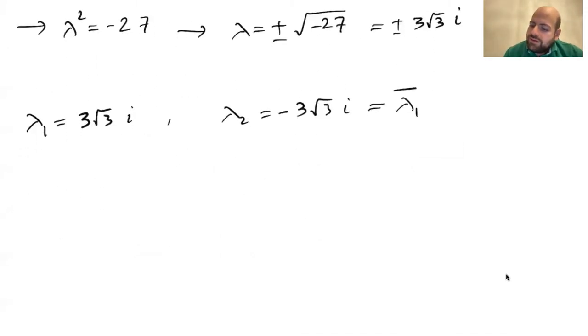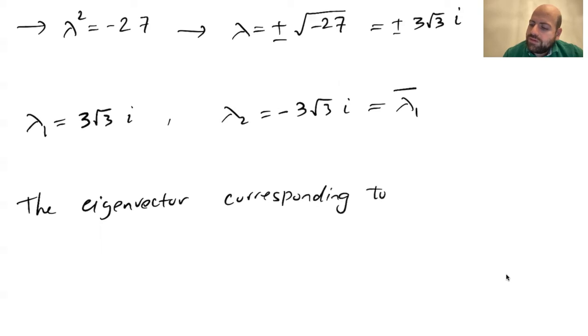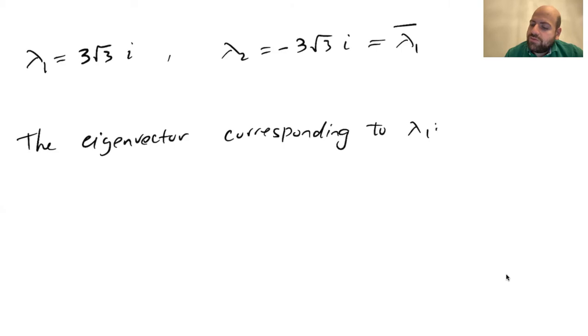So the eigenvector corresponding to lambda 1. What do I need to do? I need to solve Ax equals lambda 1 x, where x is x1, x2.